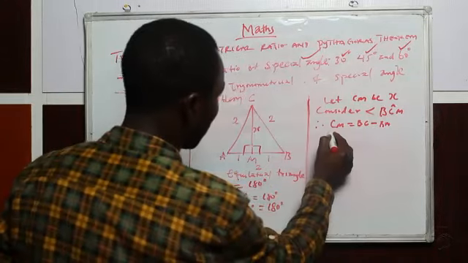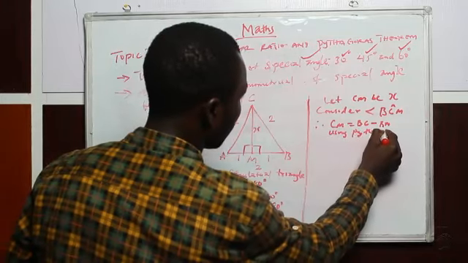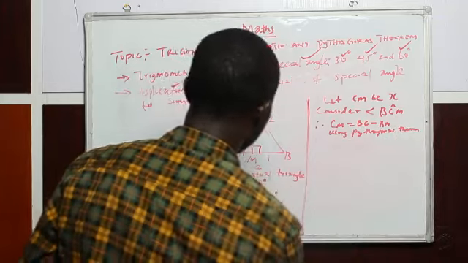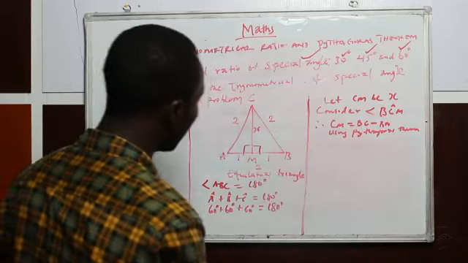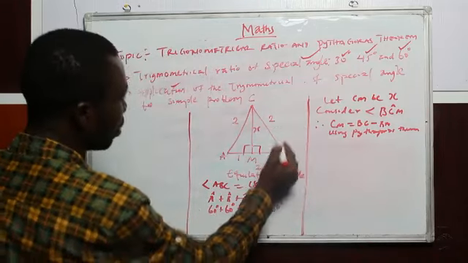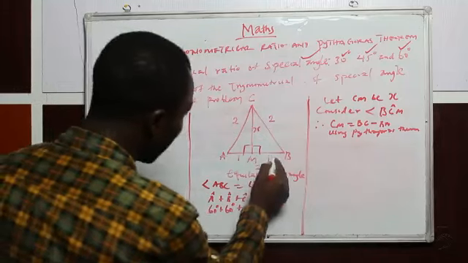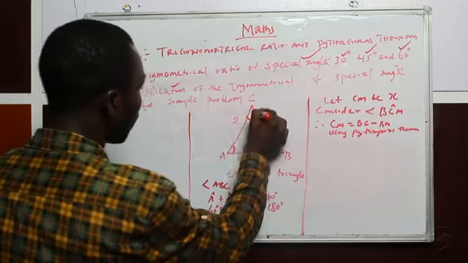What do I mean? Using Pythagoras theorem, we all know that this place is our hypotenuse. Consider this angle. This is our hypotenuse side. This is our opposite side, and this is our adjacent side with respect to this angle.